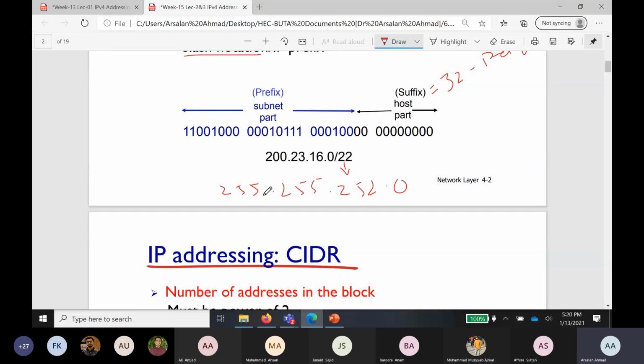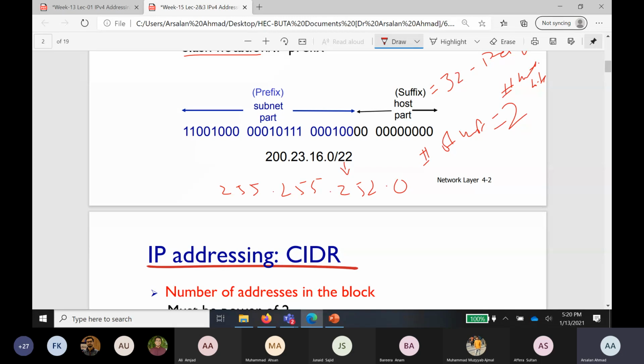But in this case, writing the address like this means we have 10 bits in the host ID region, which means 2 raised to the power 10 is the number of hosts. The number of hosts is 2 raised to the power number of host bits. Obviously, for correctness, we subtract 2 because of the broadcast address and network address.